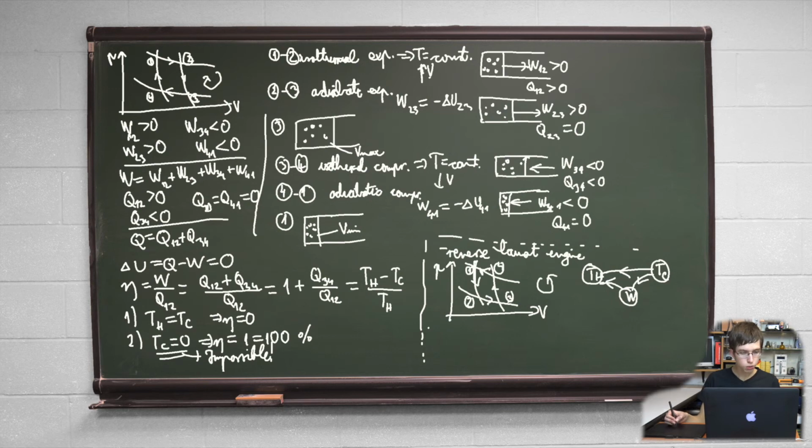There is a quantity called refrigerating effect just for these reverse heat engines, reverse Carnot engine, which can be calculated using this formula. So this refrigerating effect, which is noted with epsilon Greek letter, is proportion of heat taken from cold reservoir Q23 and work done on the gas by the environment, W.